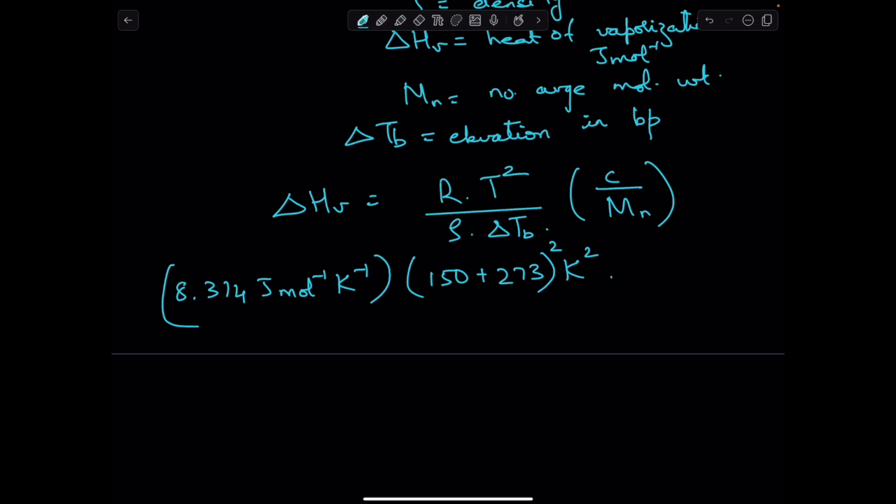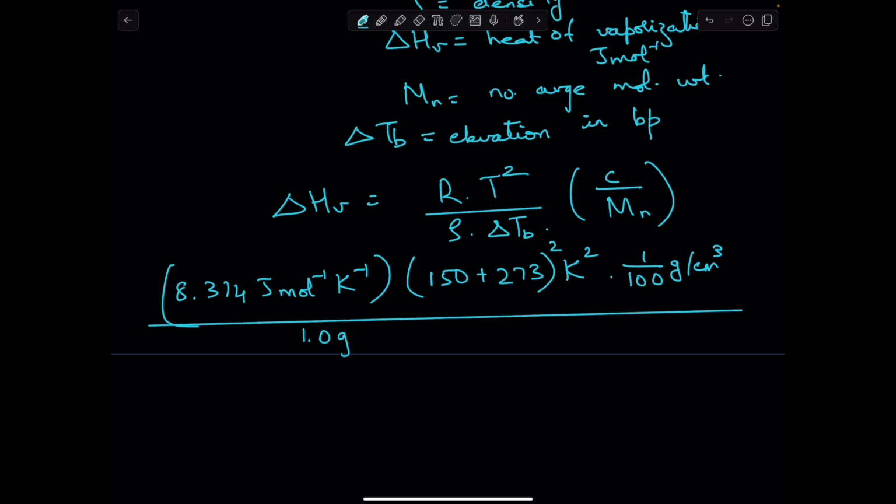Concentration is 1%, so 1 over 100 grams per centimeter cube, over density is 1.0 grams per centimeter cube, times delta TB is 1.3 times 10 to the negative 30 Kelvin and Mn is 20,000 grams per mole.